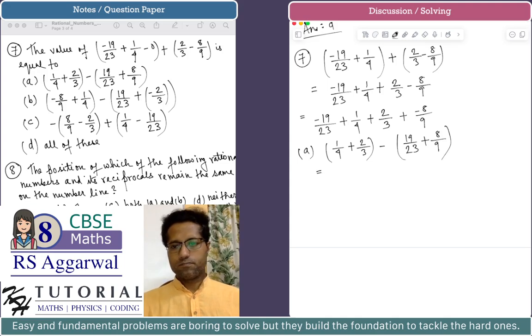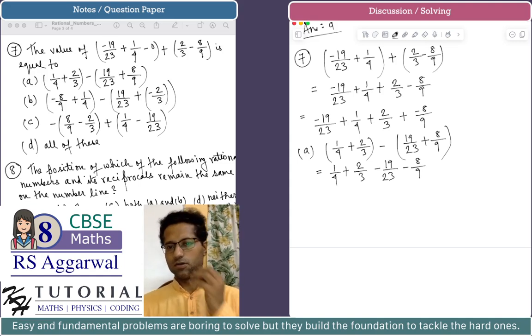Now I hope you will agree that this is equal to this, minus 19 by 23 minus 8 by 9. I hope this need not require any justification.